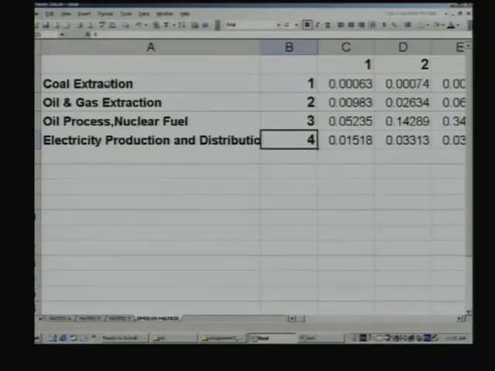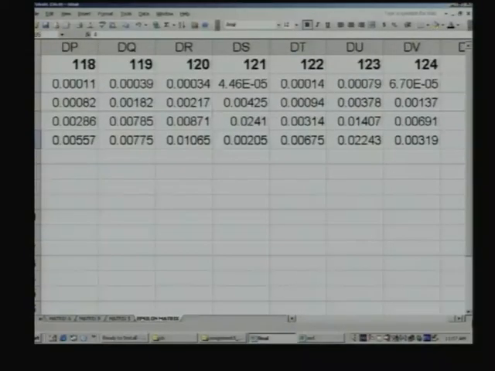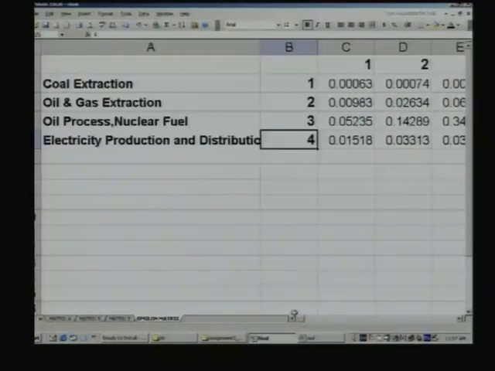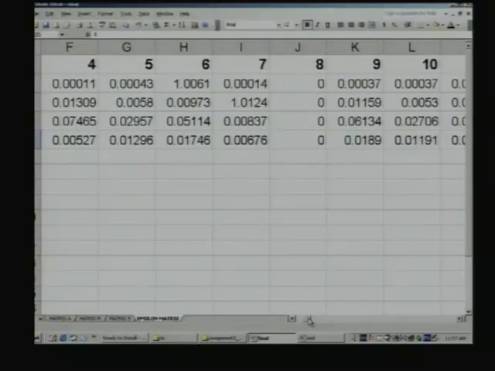So, here we have these 4 sectors, and this will be a 4 by 124 matrix, and the specific elements of this matrix would mean the energy intensity of the various processes.